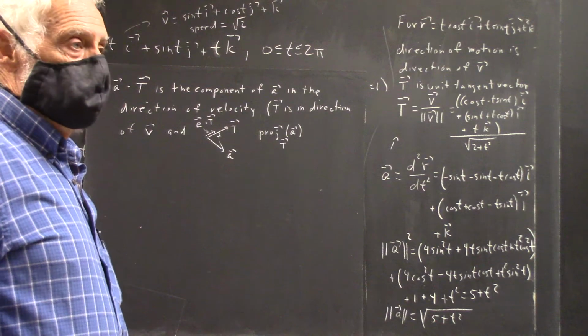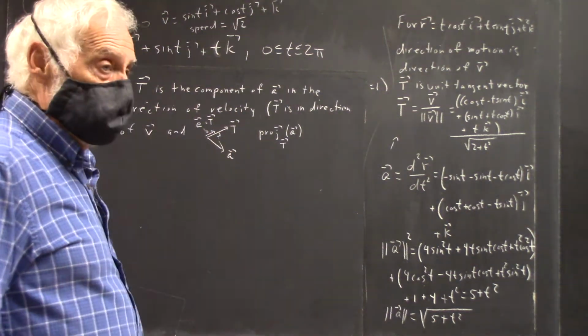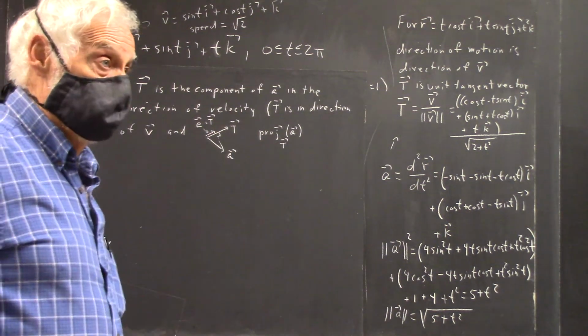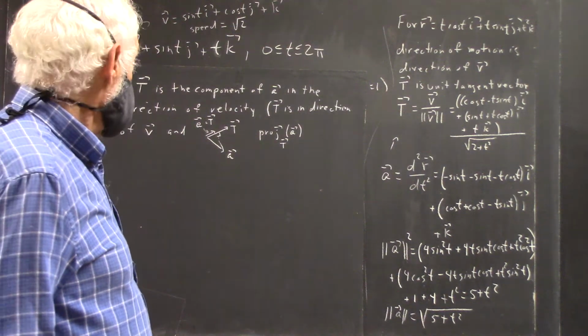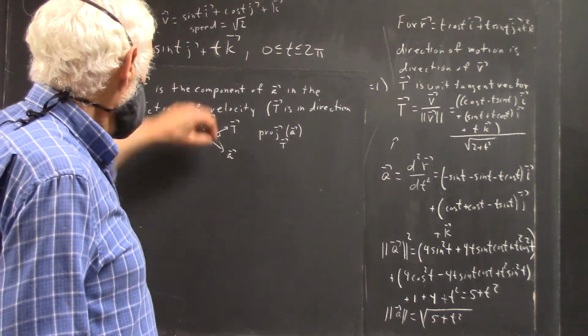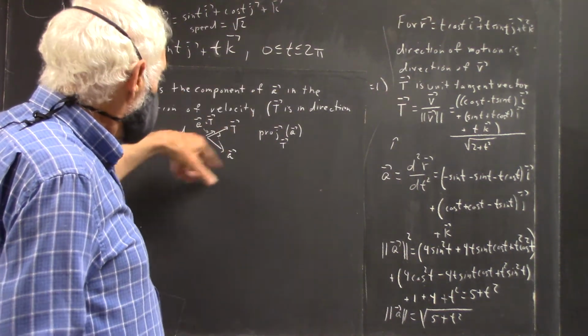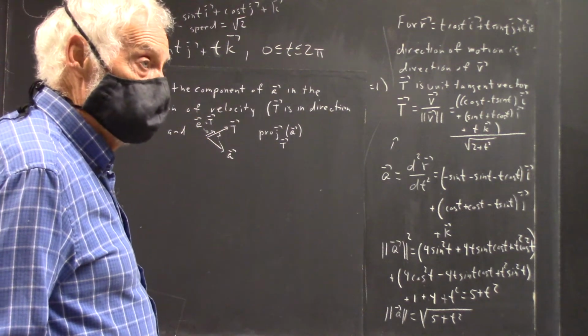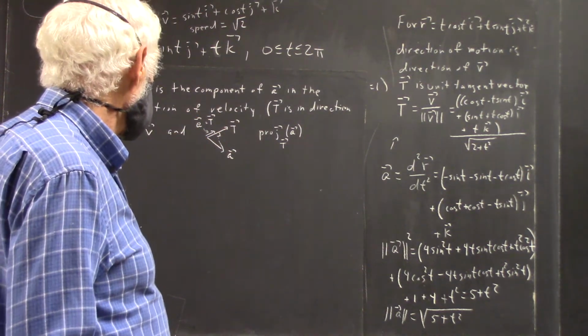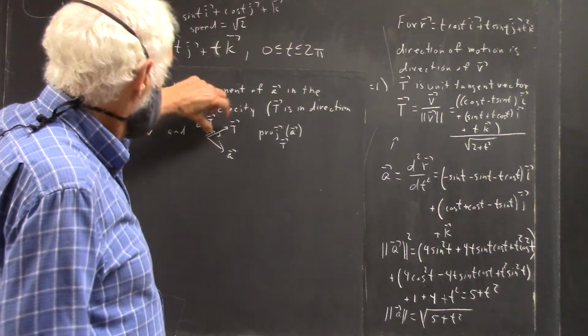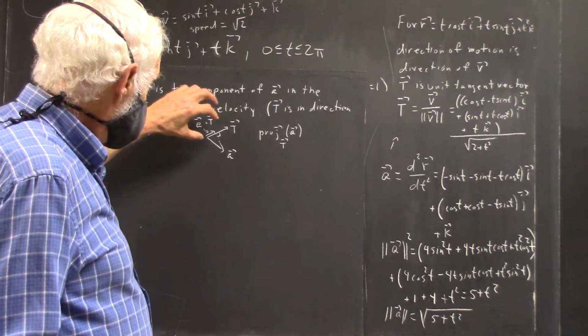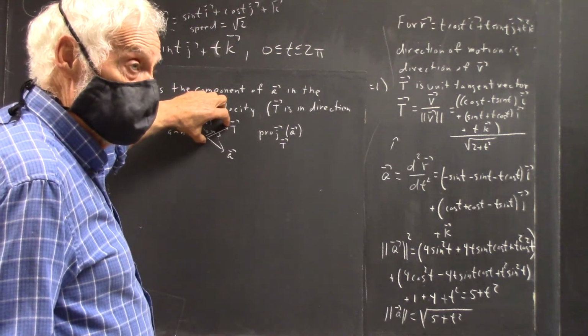It's 1. You have to divide by the magnitude of t twice, once because the bigger t is, the bigger the dot product is going to be. So you have to unitize your vector, which is already unitized.